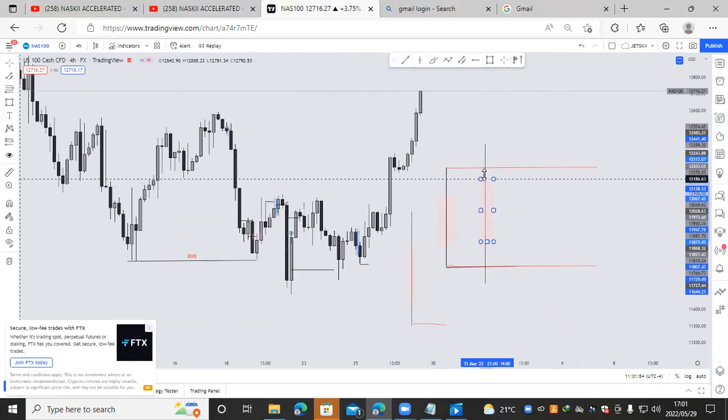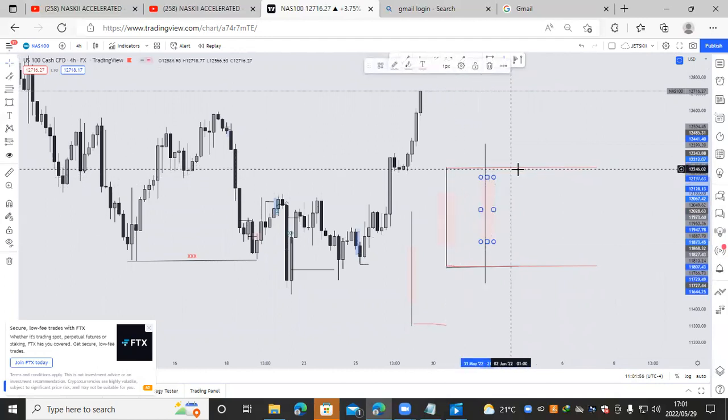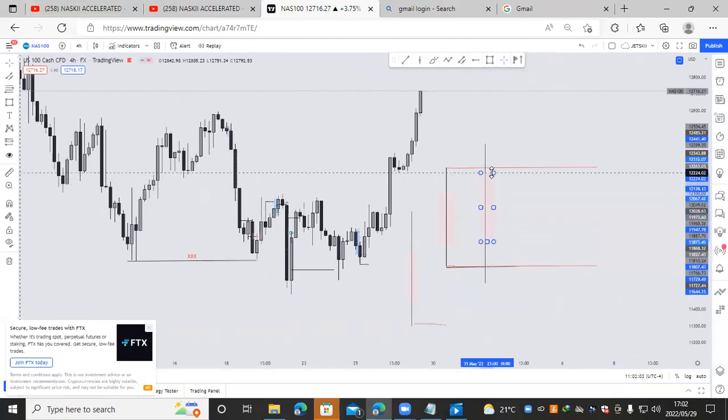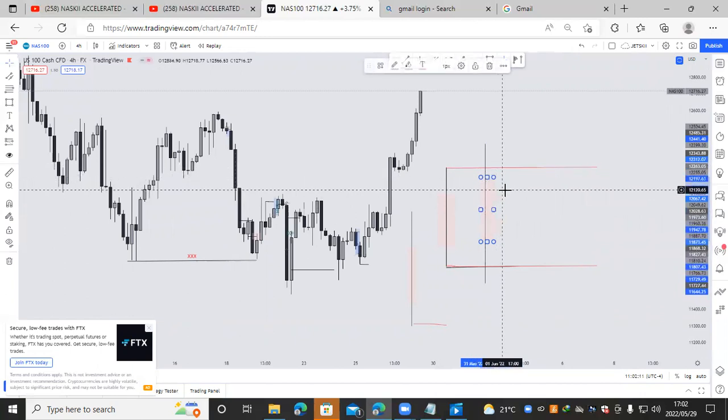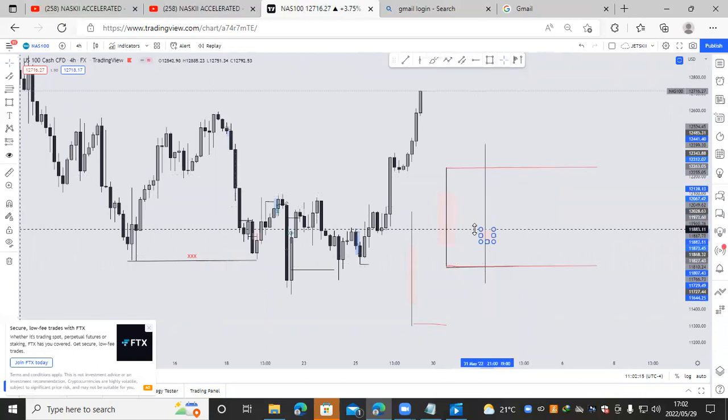It's actually supposed to close within that range. You wanna monitor this candle and make sure it closes within that range. It can close anywhere, it can even close here.